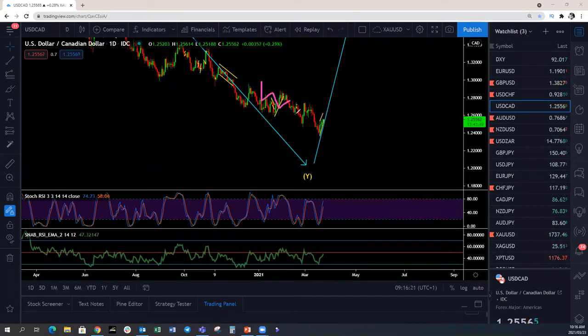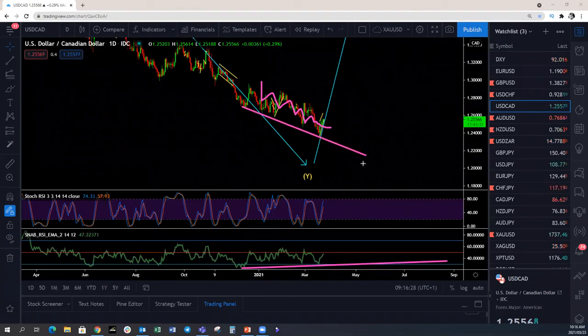It is slowing down. There seems to be some divergence here on the daily, as you can see. As we are making lower lows here, we are making higher lows on the RSI. Okay, lower lows, higher lows. So that means at some point, even if we're getting that divergence, doesn't mean that we're just going to reverse like that.